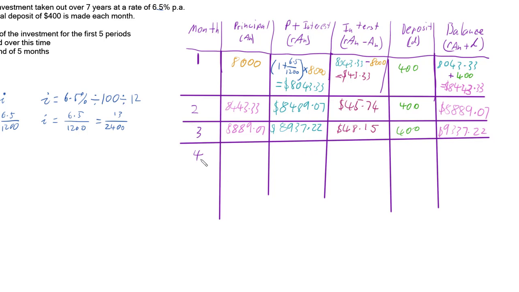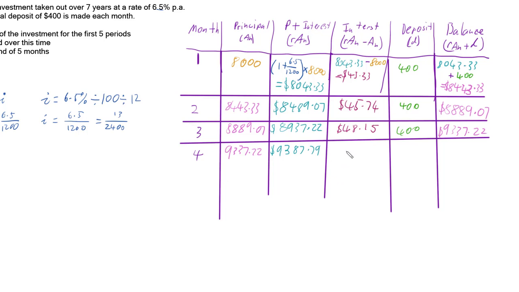On to the fourth month. So month number 4, we bring down our balance, $9,337.22. We multiply this number by 1 plus 6.5 over 1200. So we get $9,387.79. We can subtract off that principal again to work out how much interest was earned.